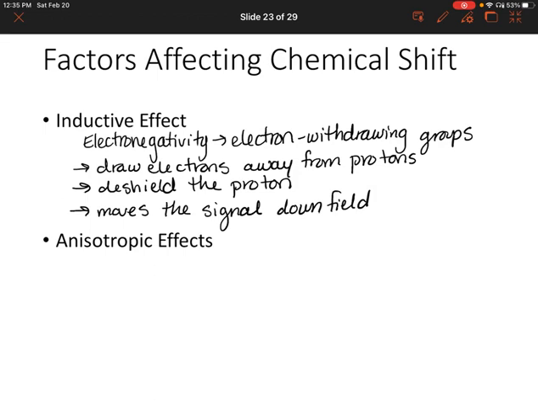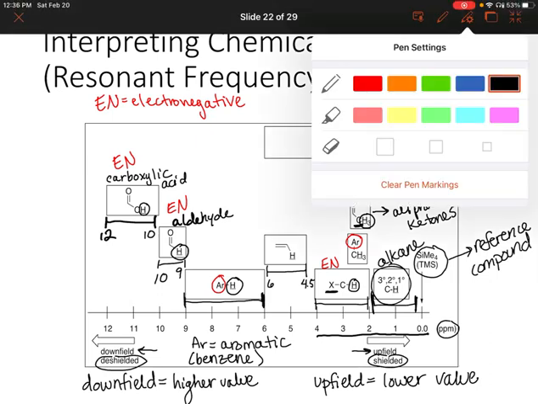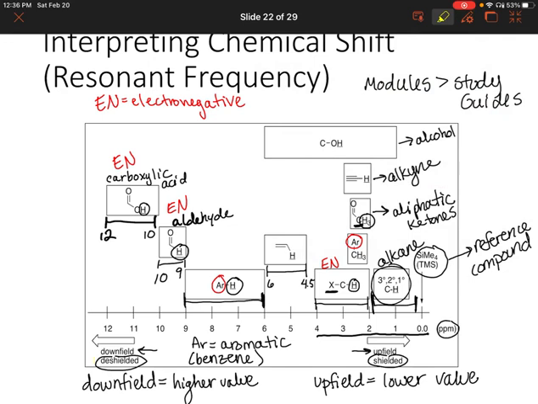There's this shielding effect that electrons have around a nucleus. And if electrons are pulled away from a nucleus, it de-shields the nucleus. So looking at our NMR spectrum here, if something is de-shielded, it moves downfield or it has a higher value. And if a proton has more electrons around it, it will be shielded and it will be more upfield.